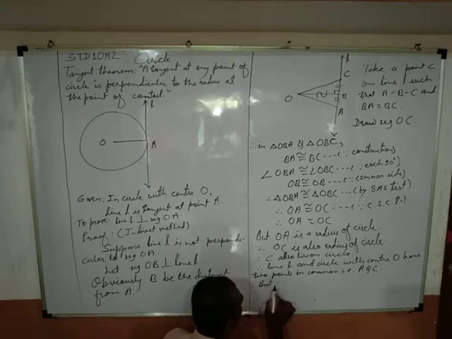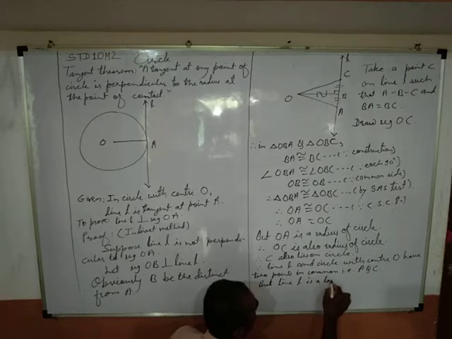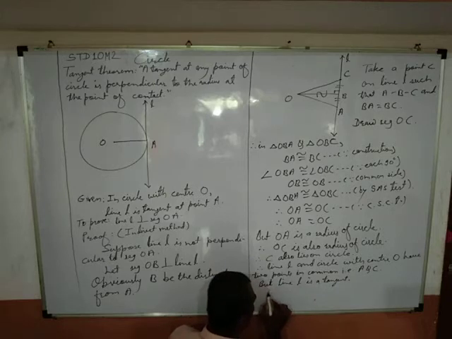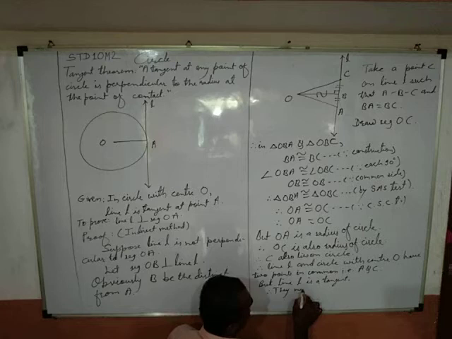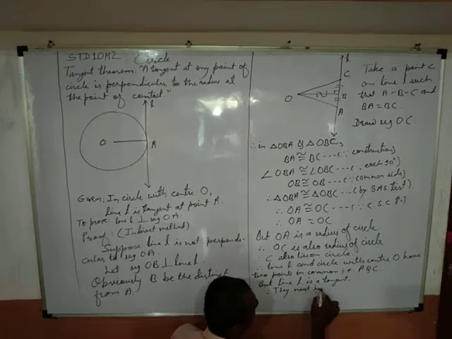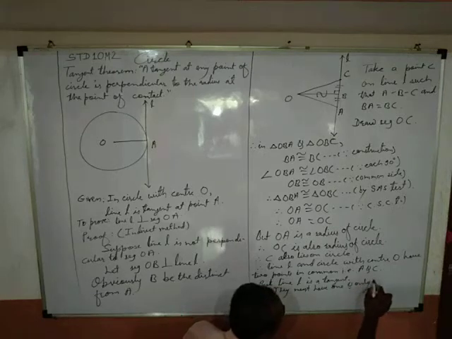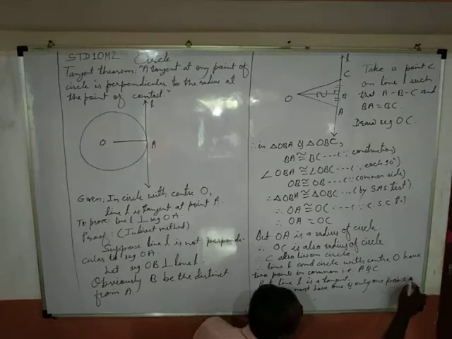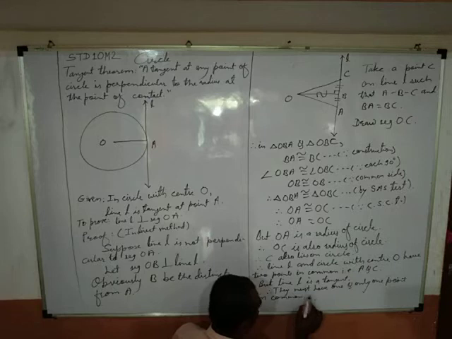But line L is a tangent, and therefore they must have one and only one point in common.